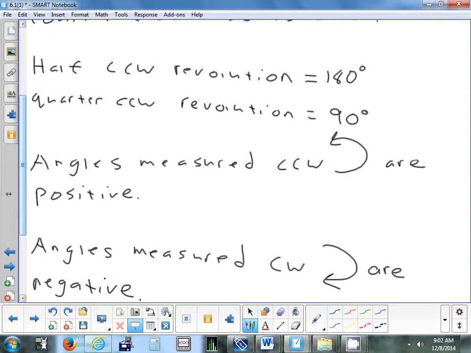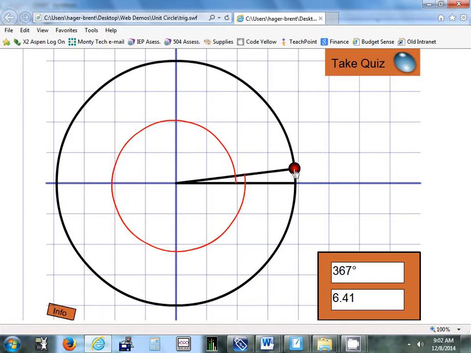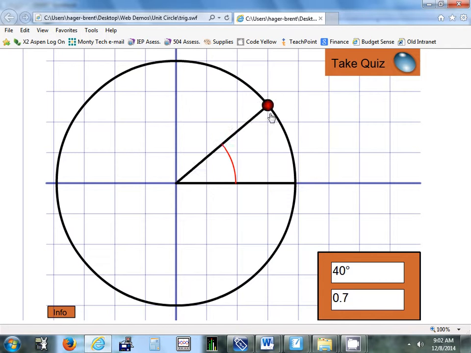I'll pull that diagram back up and show you what happens if you bring the terminal side the other way. Let's bring it back to 0. Then if we start going the other way, now we can get a negative angle.